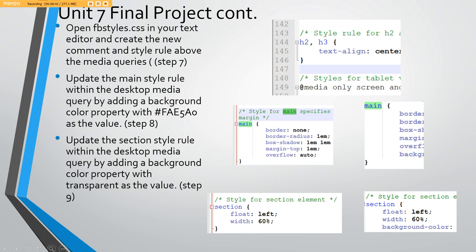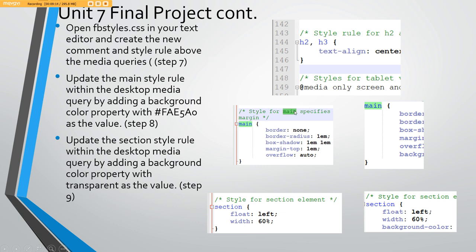So above that, you're going to add, let's see, step 7, I think it was a style rule for H2 and H3. I didn't put all of that in here though, but this is exactly what it's talking about, right above the media query.